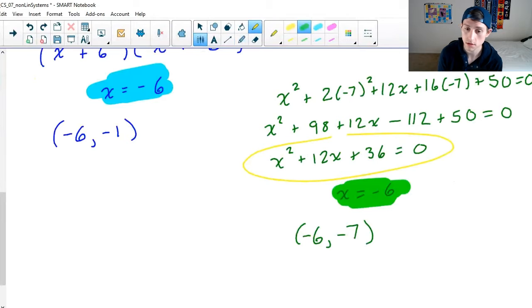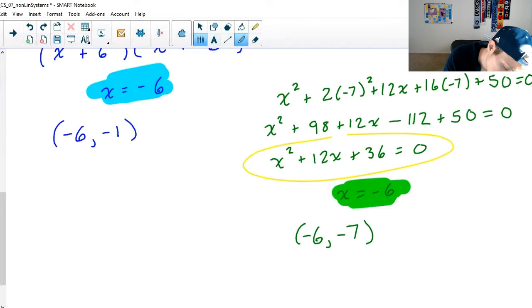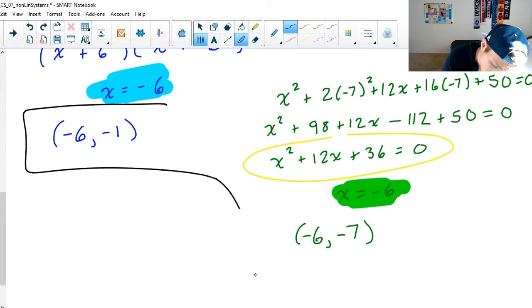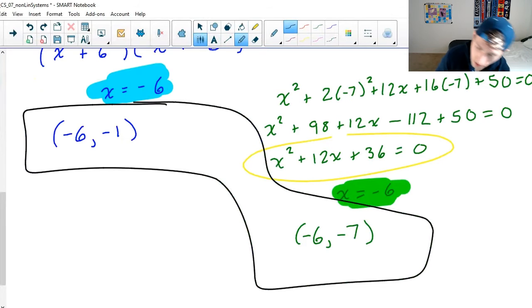So that means our final, well, we have a pair of solutions now. And then I do a really efficient boxing method like this to show that these are the final answer. Negative 6, negative 1, negative 6, negative 7.